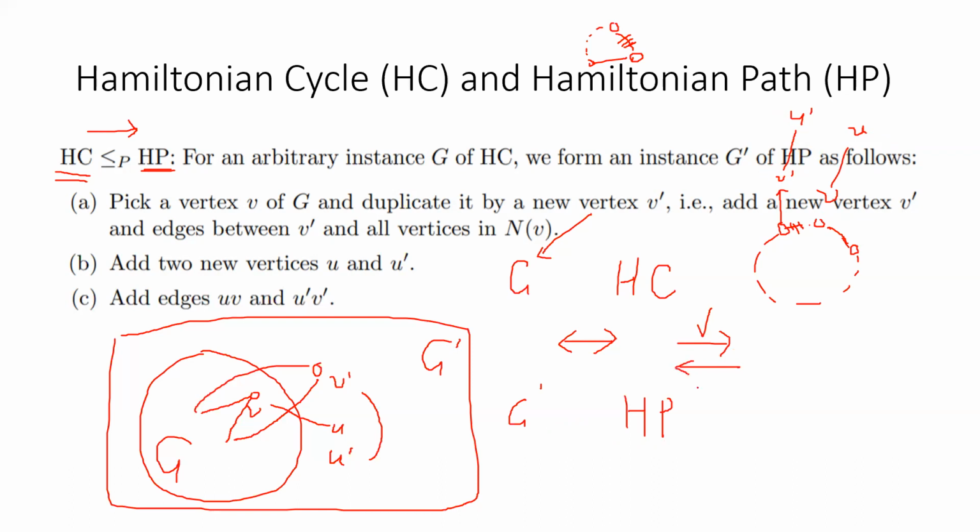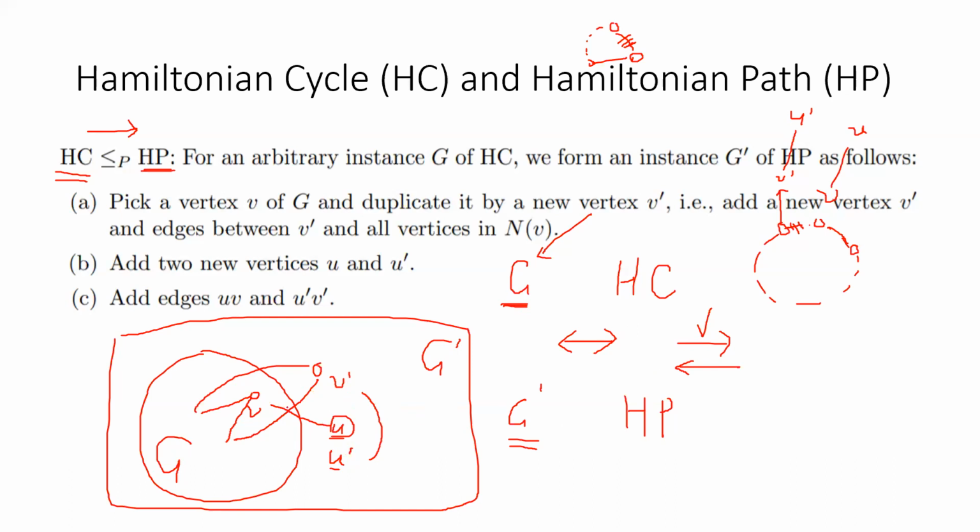Let's see the opposite. If G prime has a Hamiltonian path, then we can construct a Hamiltonian cycle in G. First of all, because U and U prime each have only one edge, they should be the start and the end.